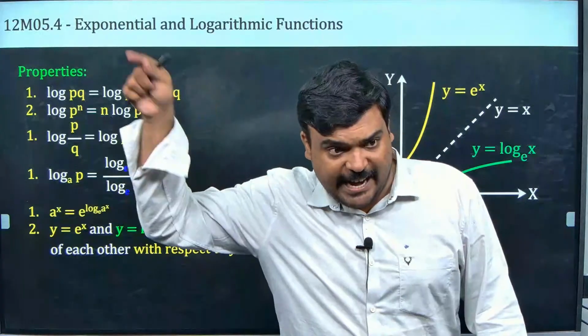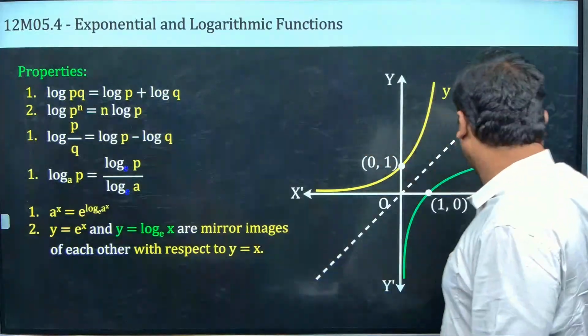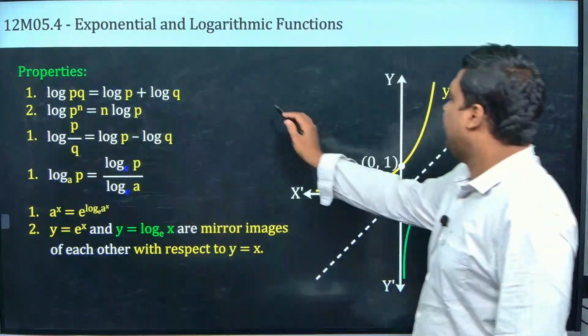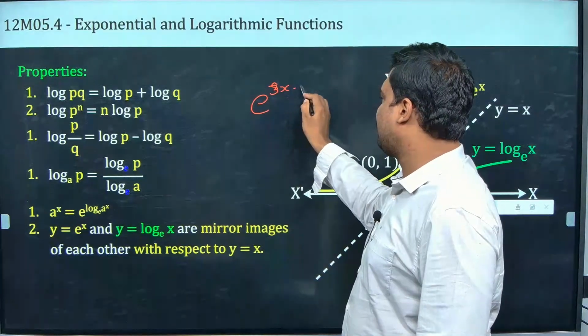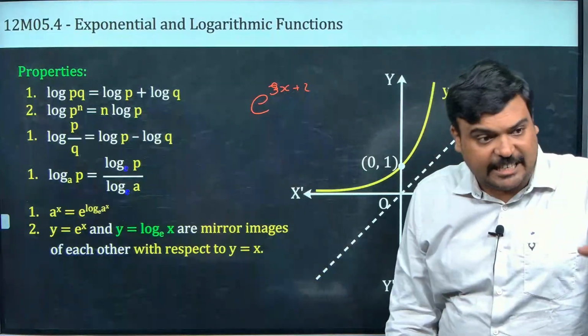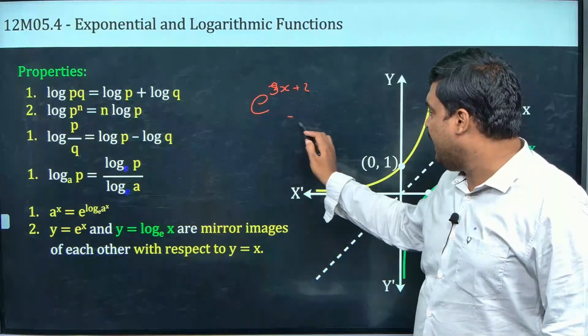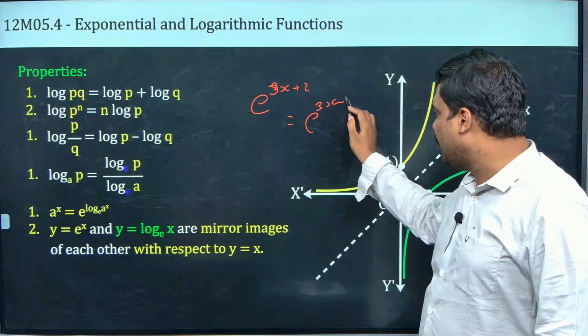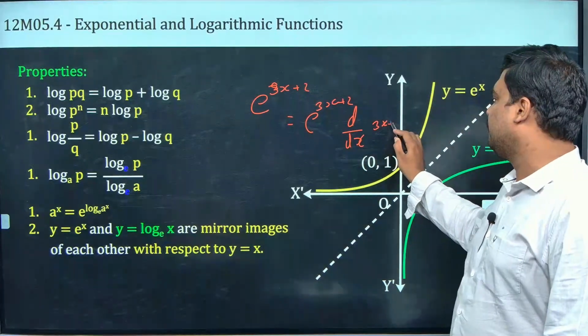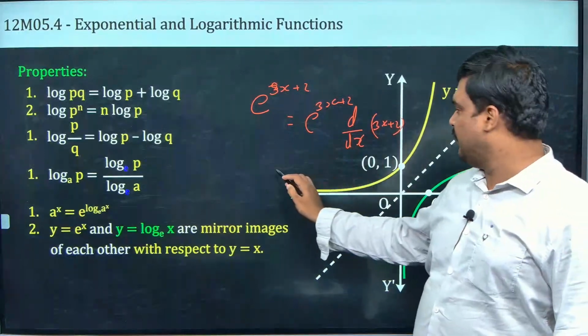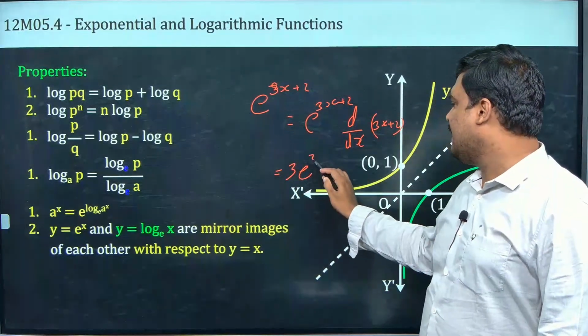For e power 3x plus 2, I know the differentiation of e power 3x plus 2 will be e power 3x plus 2 times the differentiation of 3x plus 2, which is 3. So this will result in 3 e power 3x plus 2.